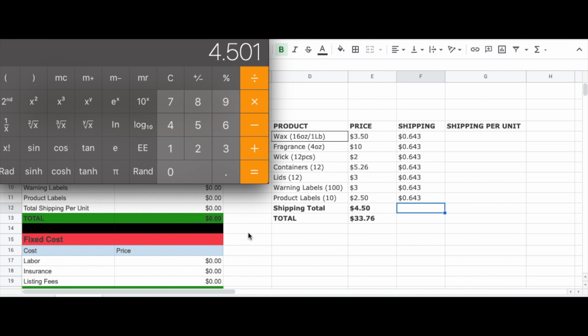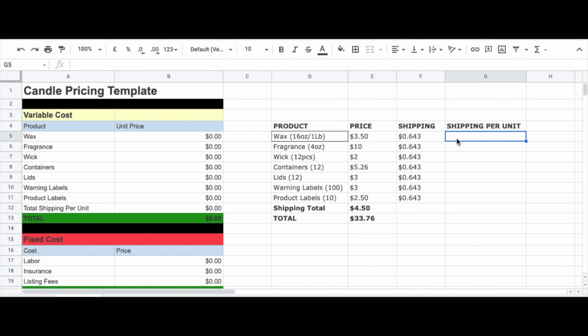So on to the next one, which is shipping per unit. The reason we're calculating shipping per unit is because we bought 100 labels and we bought 12 wicks. We're not going to sell all 12 wicks in one candle. So we want to know how much 1 wick costs and how much 1 label costs.